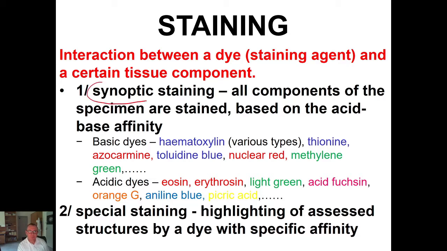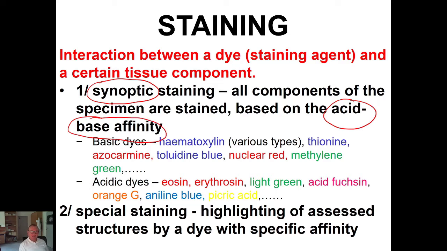If we use synoptic staining, we can see everything in some colors, or almost everything has some colors, and it is possible to distinguish the structures which were originally acidic or basic, because synoptic staining is mostly based on acid-base affinity. Acid-base affinity is the crucial principle of synoptic staining.